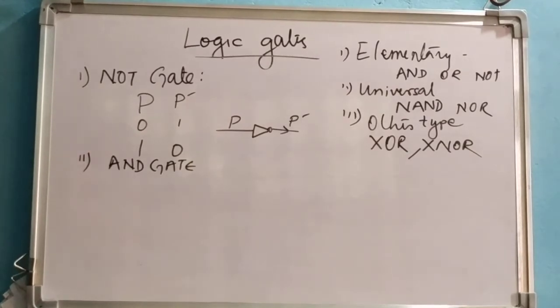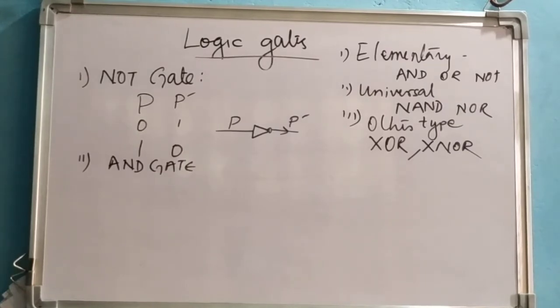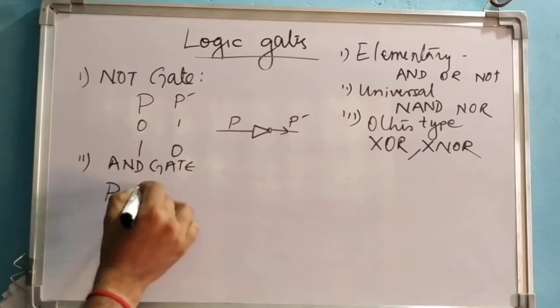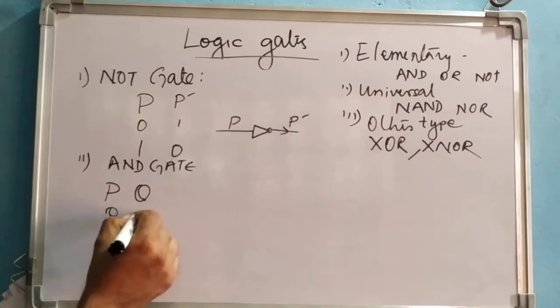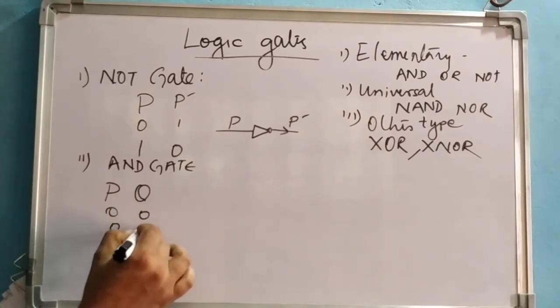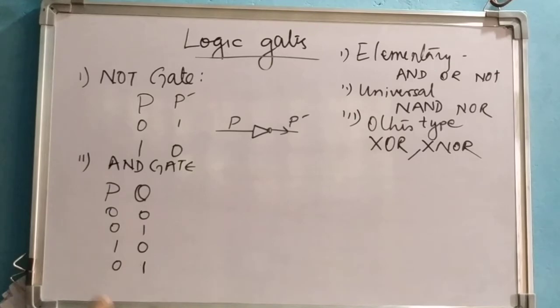So you know the truth table representing AND. If P and Q are the two inputs, we can make a truth table: 0 0, 0 1, 1 0, and 1 1.